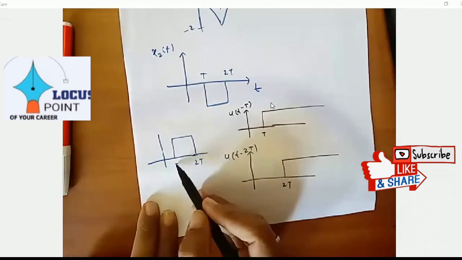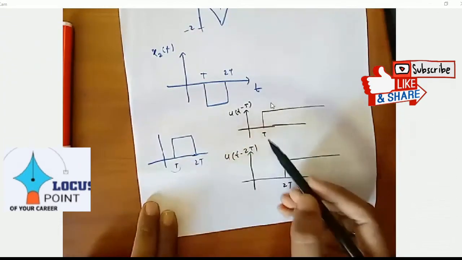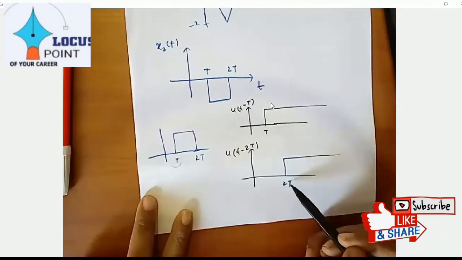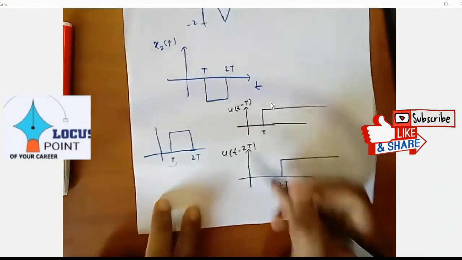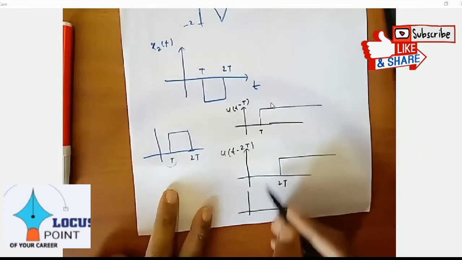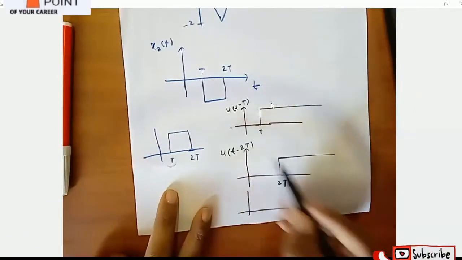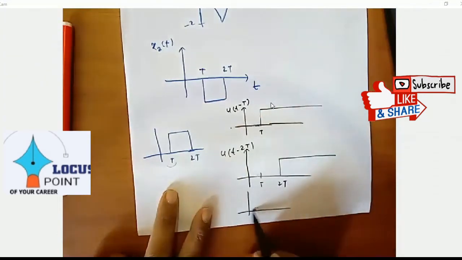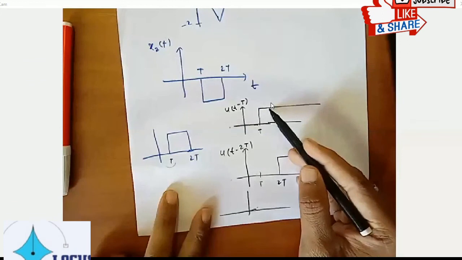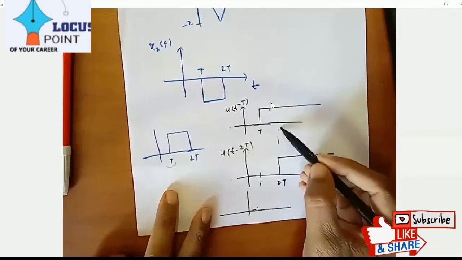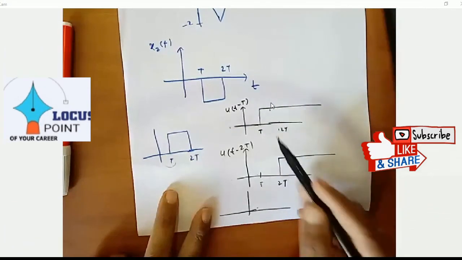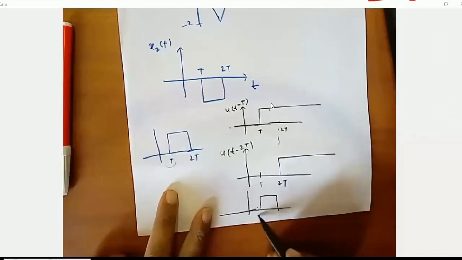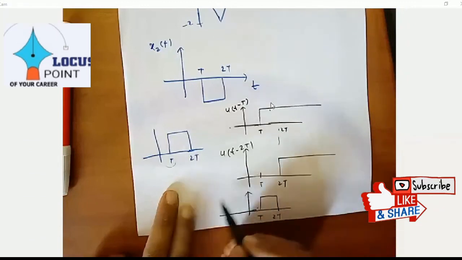Now when you subtract, look here, T and 2T. You have written u of t minus capital T and u of t minus capital 2T. When you subtract, this is 0, so 0 minus 0 will remain 0. Now this is 1 up to this point 2T. So 1 minus 0 remains 1, and 1 minus 1 remains 0, T and 2T.